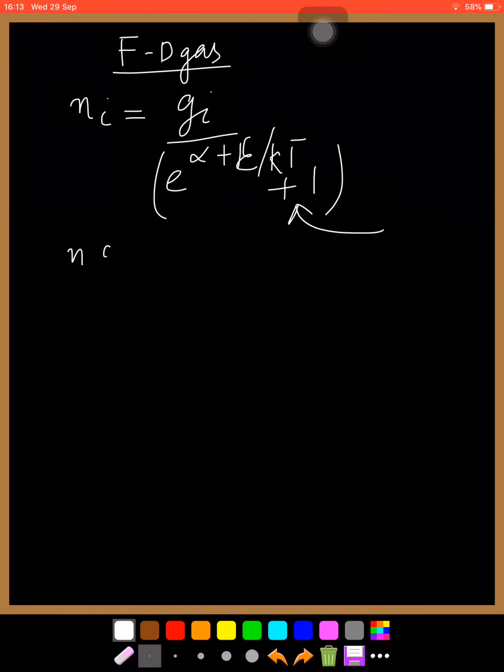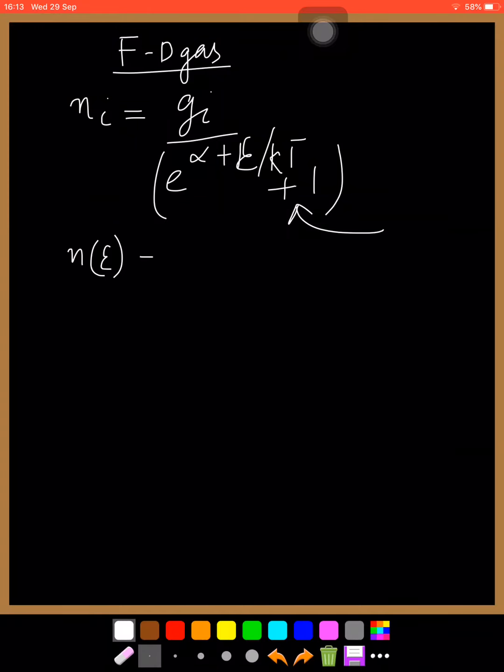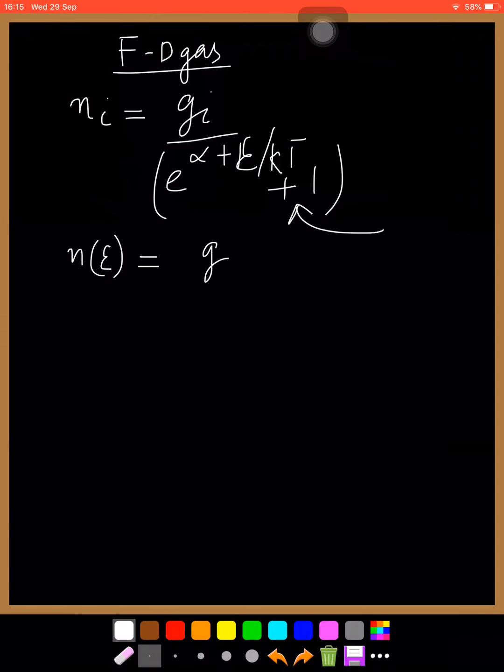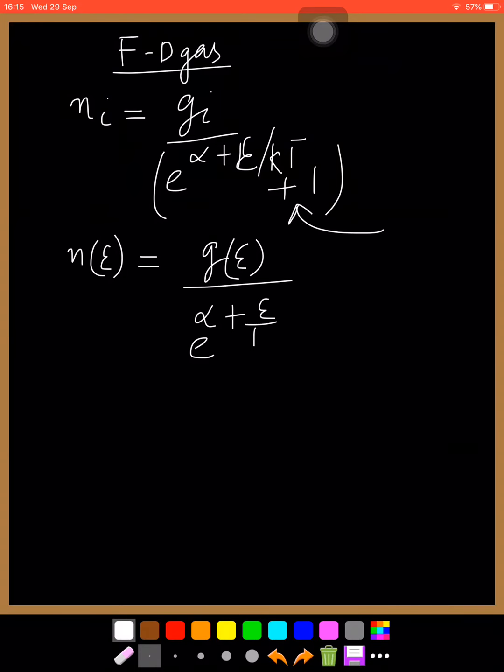Since the energy levels are continuous, instead of summation we can use integration. And Ne is G by e raised to alpha plus e by kT plus 1. Similar to the Bose-Einstein case, we need to find N and capital E. The equations are very much similar to the previous case.